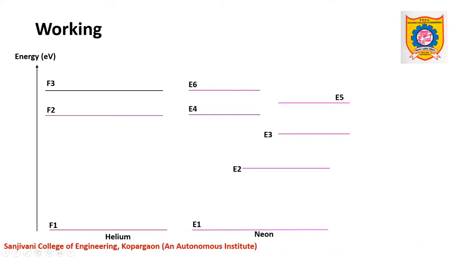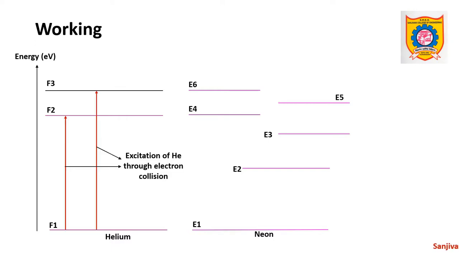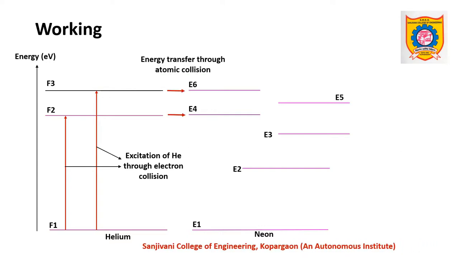So when we apply pumping, that means when electric discharge is passed through the mixture, initially helium gets excited. So this is excitation of helium through electron collision, and these electrons are produced through electric discharge. After that, due to transfer of energy from excited helium to ground state neon, the neon gets excited.